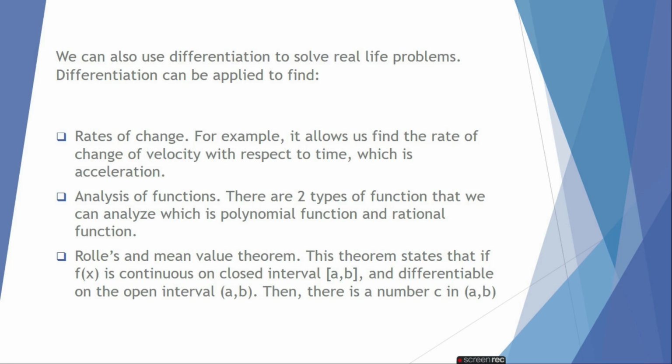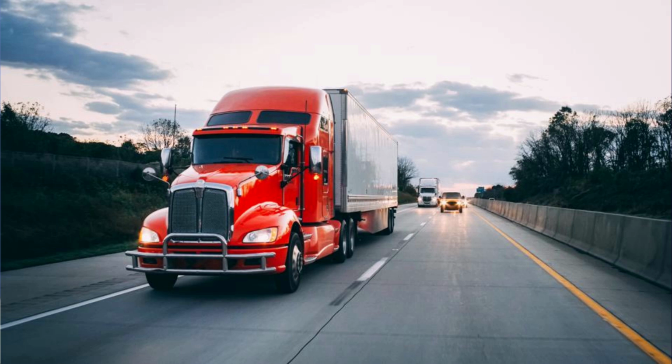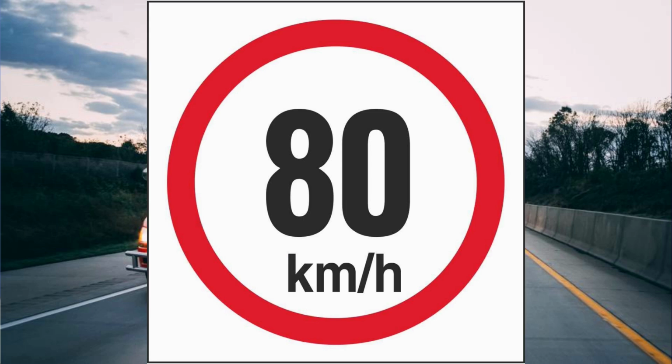And the last one is Rolle's and the mean value theorem. This theorem states that if a function is continuous on the closed interval [a, b] and differentiable on the open interval (a, b), then there is a number c in the interval (a, b). For instance, a truck travels 200 km on a toll road with a speed limit of 80 km per hour.